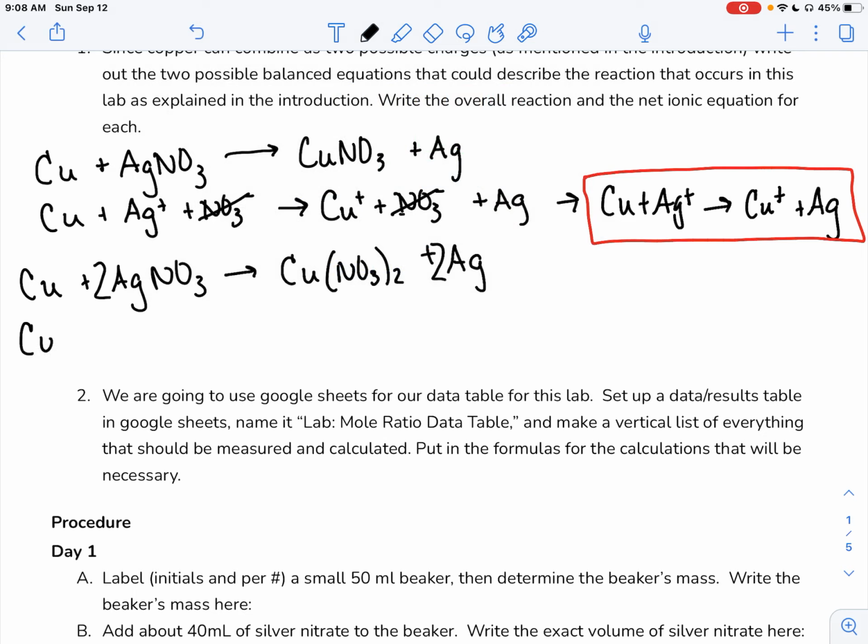For copper 2, we're going to do the same thing, but now we have some coefficients to deal with because of that balancing. So this 2 gets distributed over each ion. And this time it's Cu2+. That subscript becomes a coefficient.